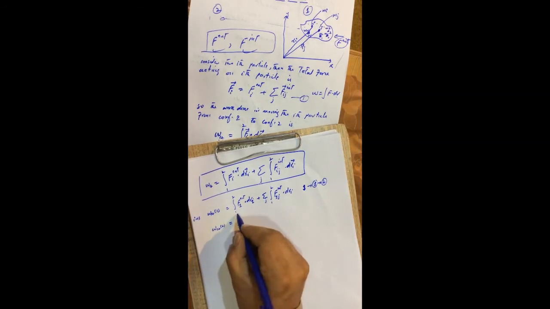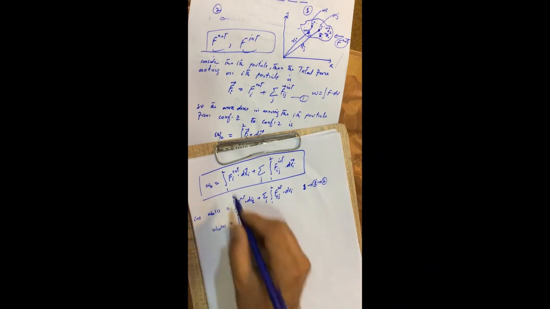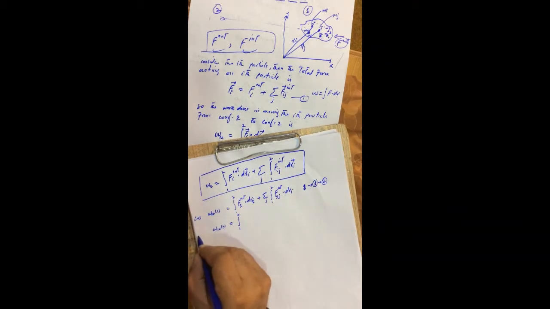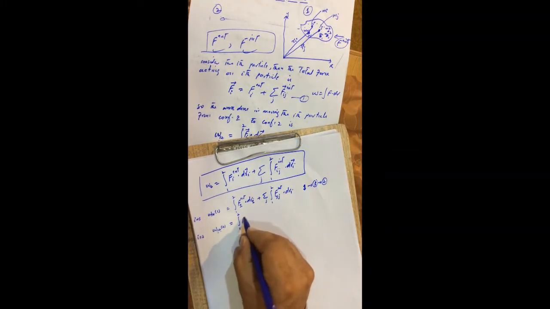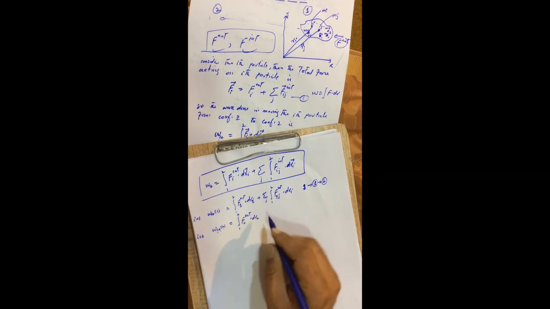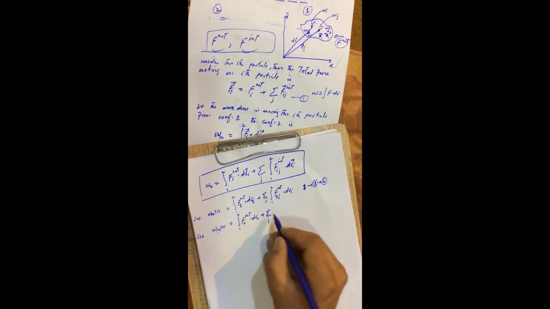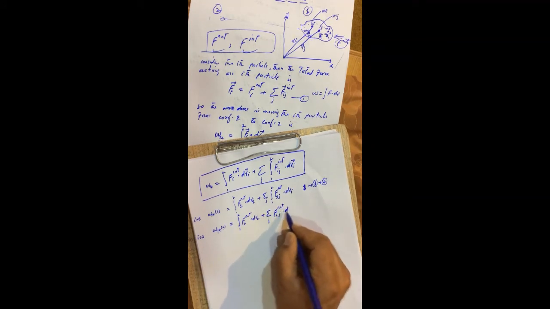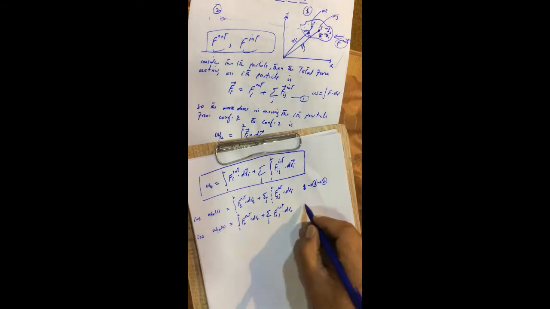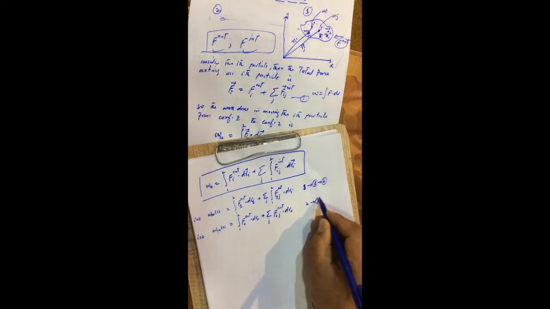In this equation I will replace i by 2, so it represents the work done in moving particle 2 from position 1 to position 2, which is equal to F2 external dot dr2 plus the sum over j of F2j internal dot dr2. So this is the work done in moving particle 2 from configuration 1 to configuration 2.